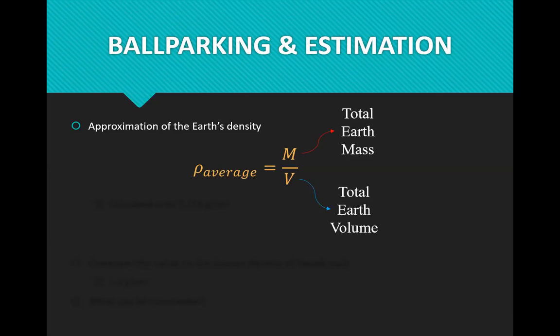And it turns out from geometry, if you know the circumference of a circle, then you can figure out the volume of the sphere that the circle is a part of, kind of like a slice of the sphere. But the volume of the Earth has been known for quite some time. It's the numerator, or the mass, that has been particularly tricky to figure out.